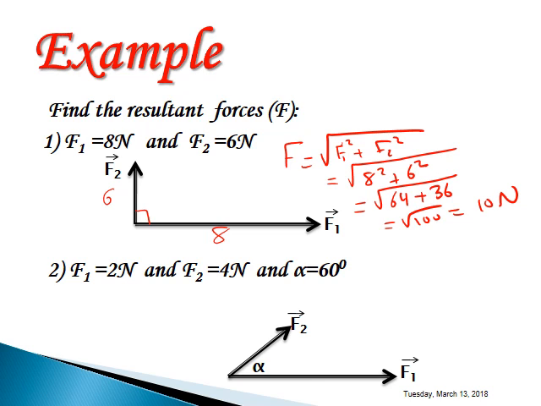F1 equals 2 Newton, F2 equals 4 Newton, and alpha is 60.